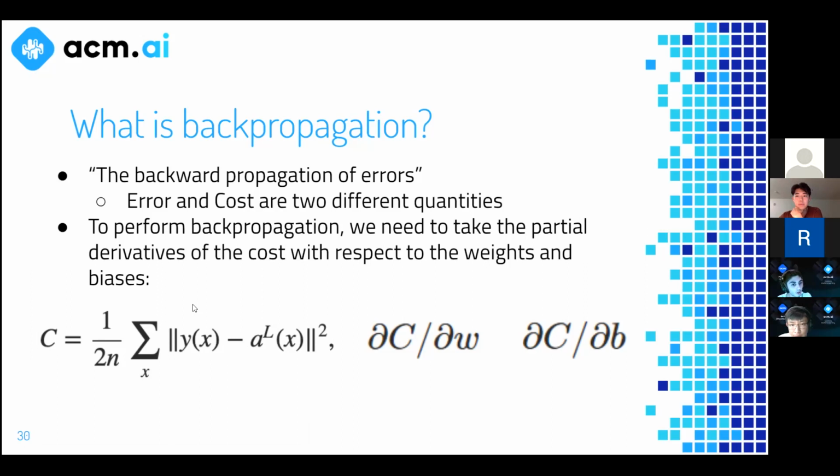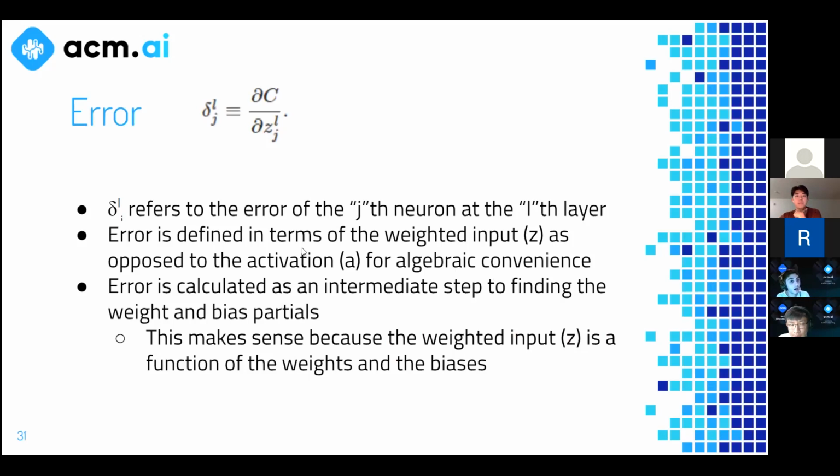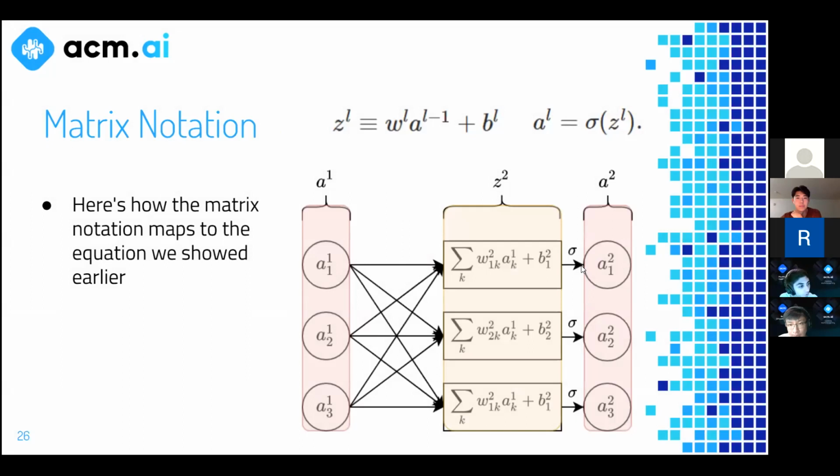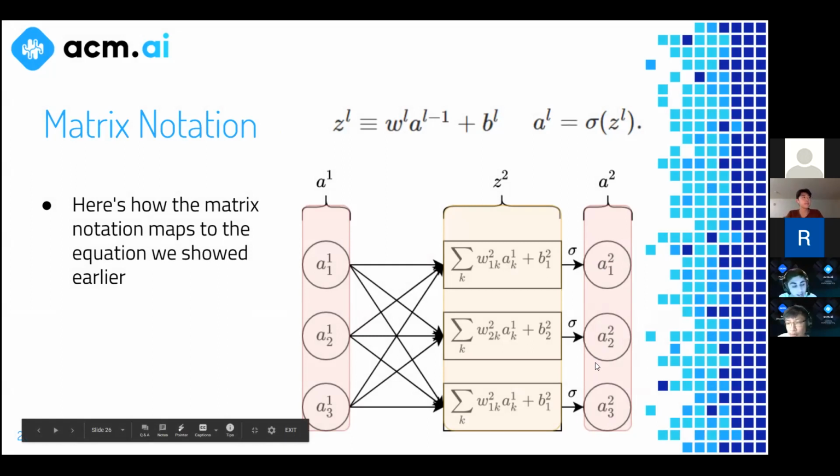So that's what the loss is. It's one value at the end of that sample. Now, error is a quantity that is inherent to every neuron. Just like how we discussed earlier that every neuron has a bias and an activation when we're feeding forward, every single neuron has that activation and that bias.